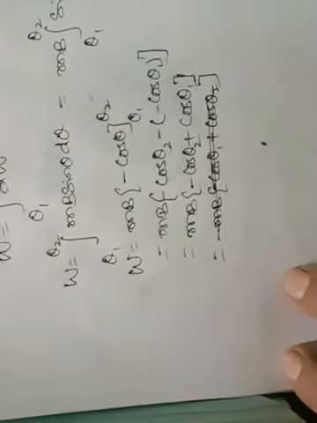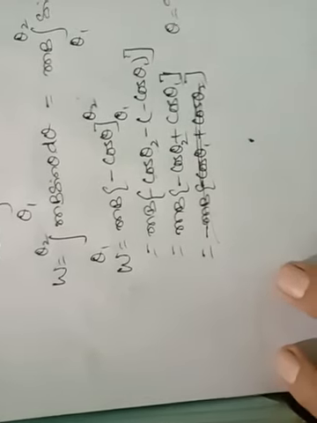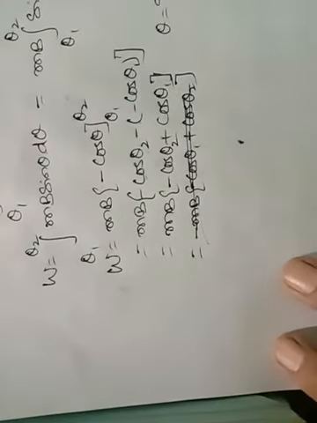Now the next condition is when theta is equal to 90 degrees. What will happen? The potential energy of the magnetic dipole is taken as 0 when it is perpendicular to the magnetic field.